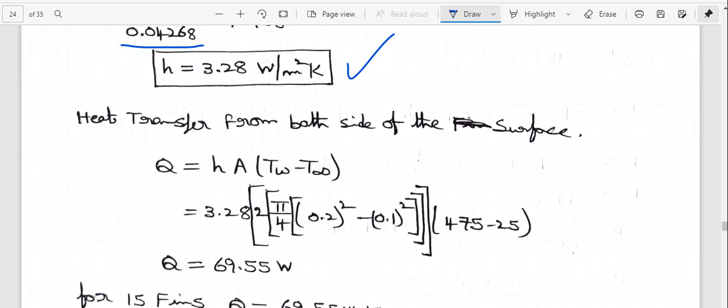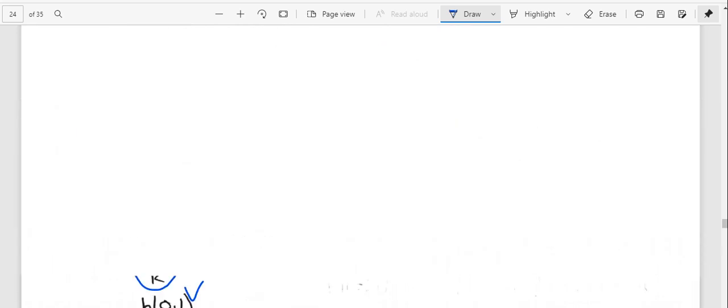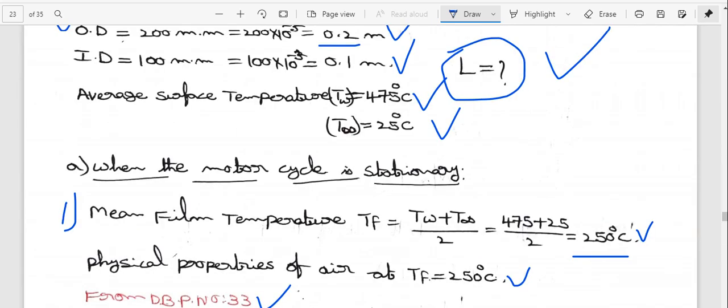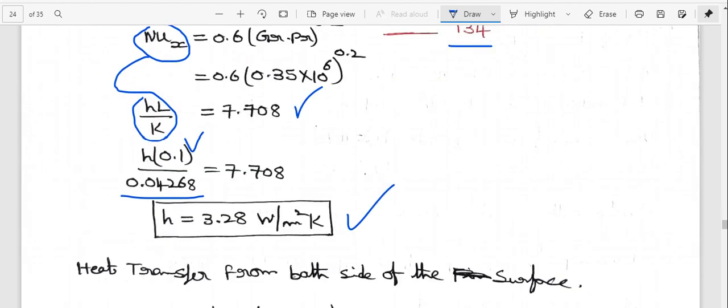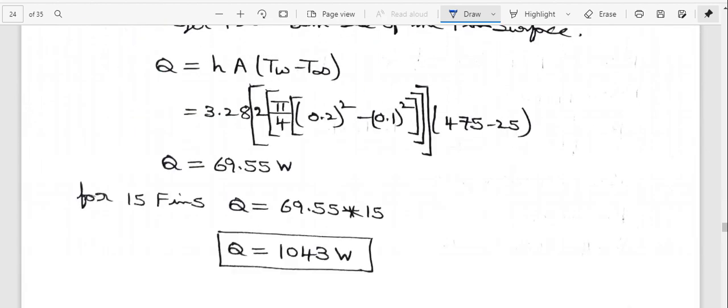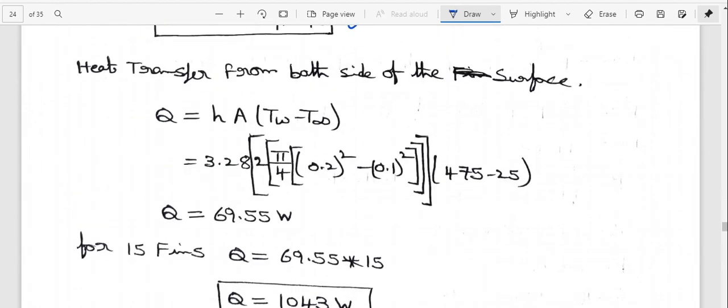The heat transfer is from both sides of the surface. Q equal to h A into T wall minus T infinity. Here the outer diameter and inner diameter are given, that's why I am considering both areas.